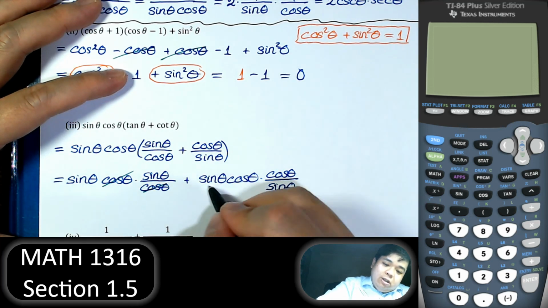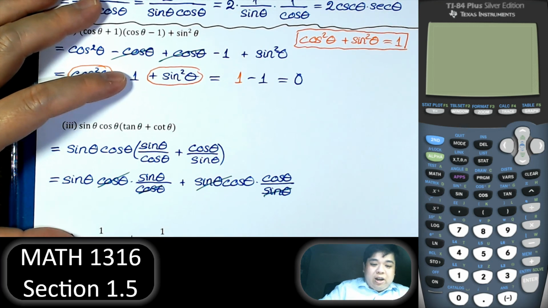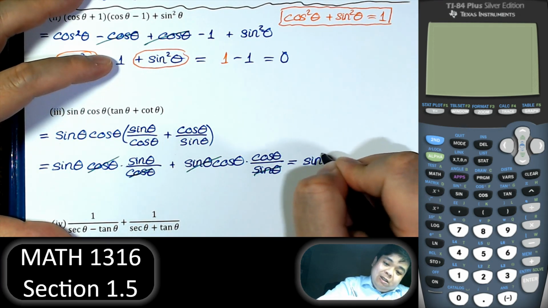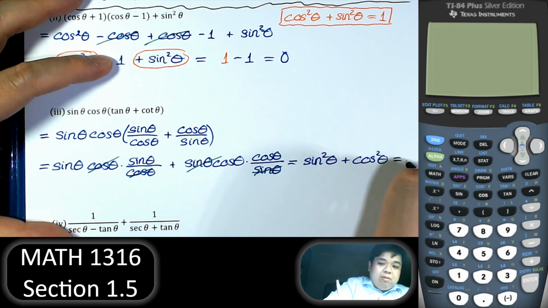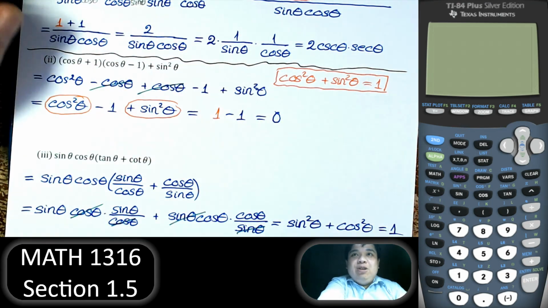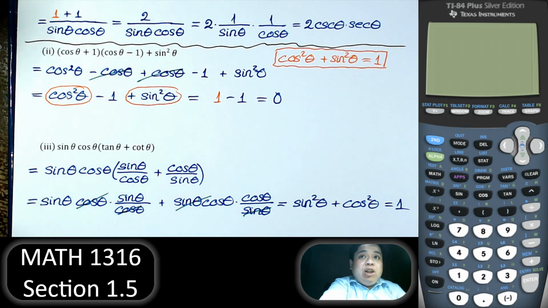That cancels out. That cancels out. Sine square plus cosine square, because we've seen that a few times. Pythagorean identity, which is equal to 1. Of course, do the same thing. So that's why I usually prefer to change everything to sine cosine.